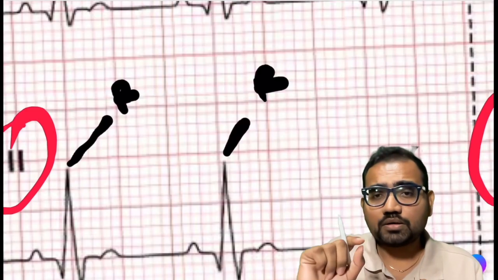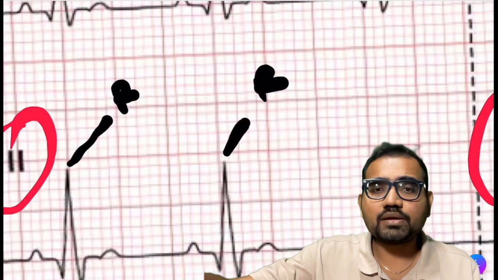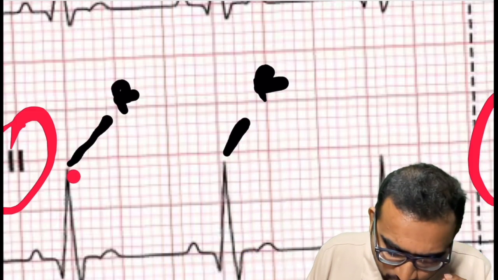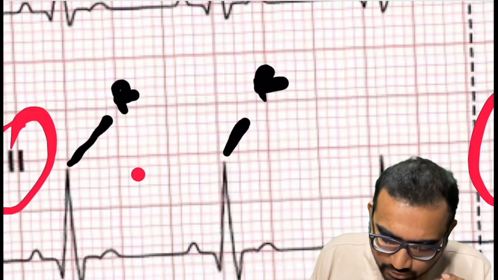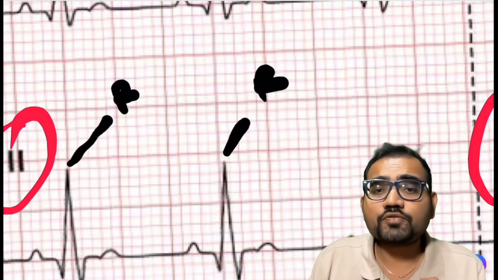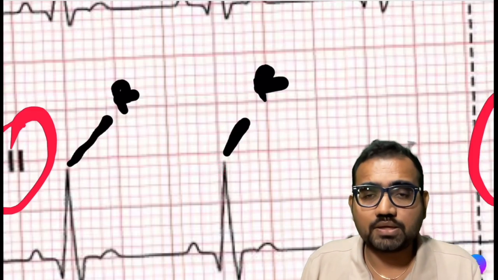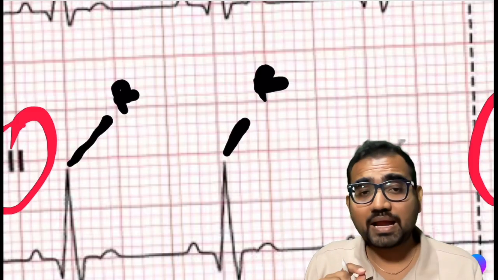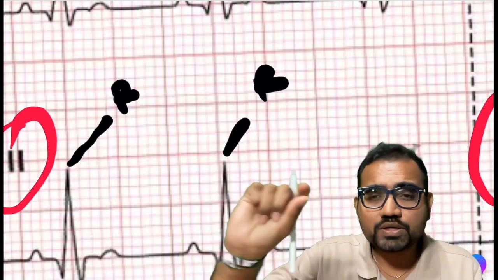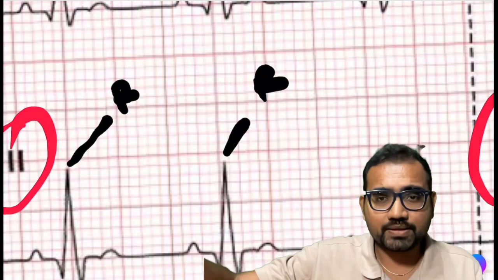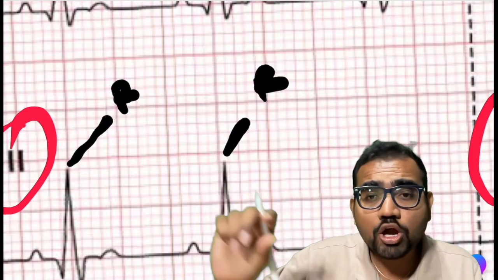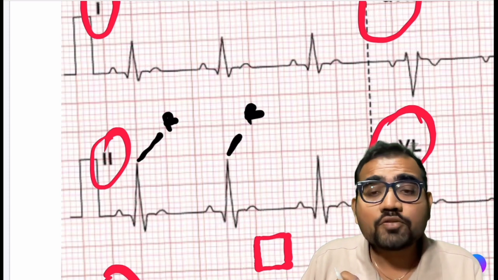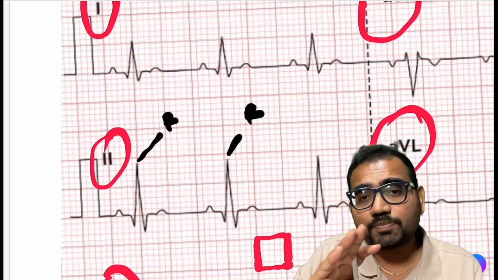I will calculate one horizontal line from one R to another R. So I see 1, 2, 3, 4, 5, 1, 2, 3, 4, 5, 1, 2, 3, 4, 5, 15 small boxes from one R to another R. I'm measuring how many small boxes I can see from one R to another R. I am seeing 15 small boxes in this patient.